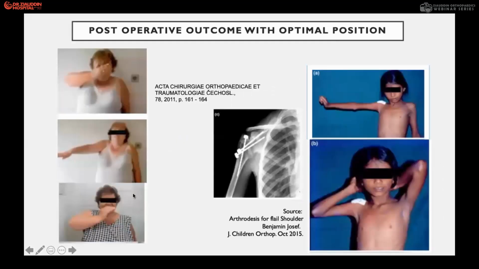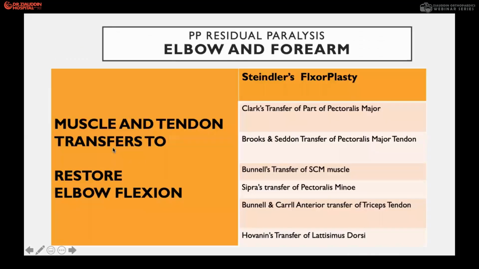Here are the different positions which they have achieved after a good optimum position of shoulder arthrodesis. She can comb her hair and reach her face, and abduction can be done with the scapulothoracic movements. Now we come to the elbow and forearm paralysis. We will discuss which muscle we shift or transfer for the paralysis to restore elbow flexion.